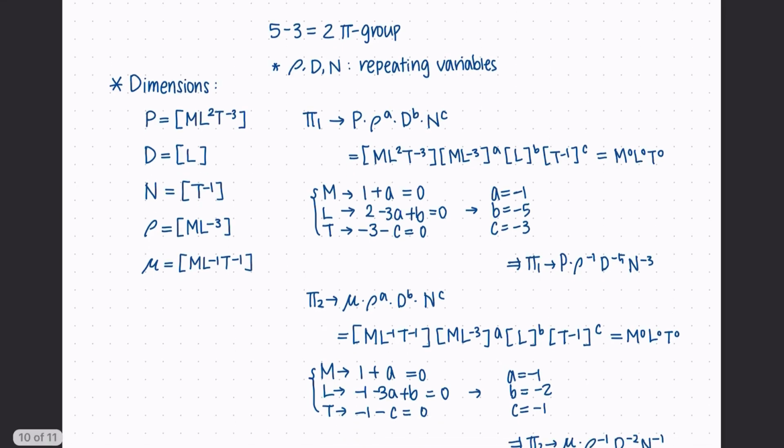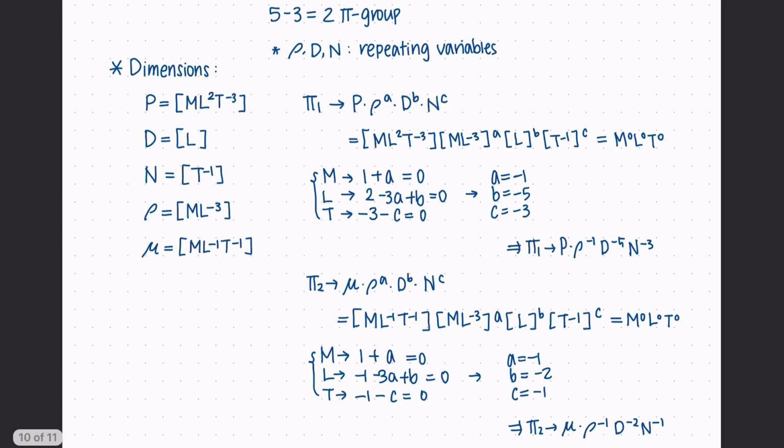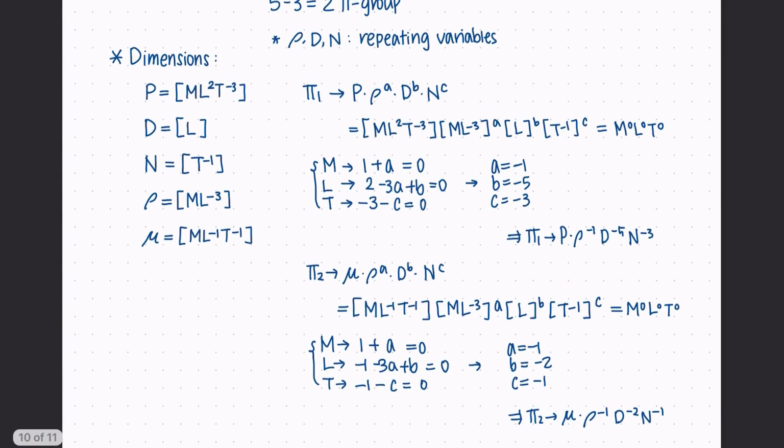We can split this multiplication into each term: M terms, L terms, and T terms. The exponent of each term should be equal to 0. From this calculation, I end up having a, which is the exponent of rho, equal to negative 1.